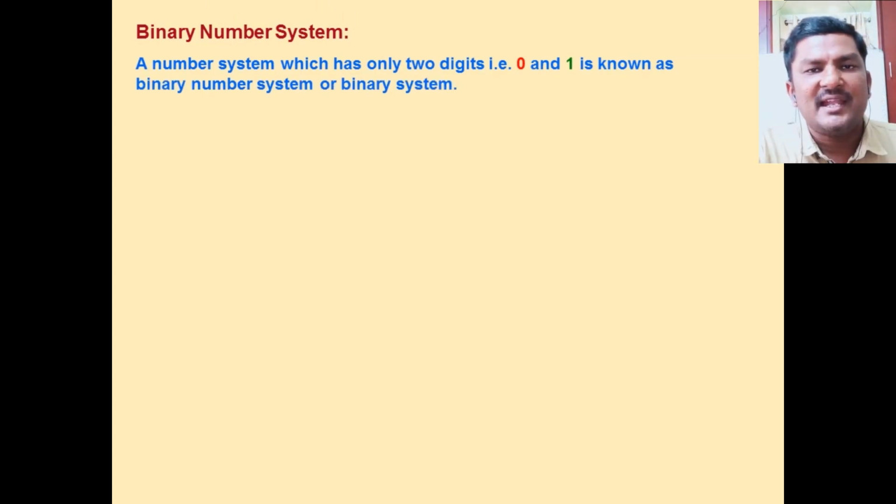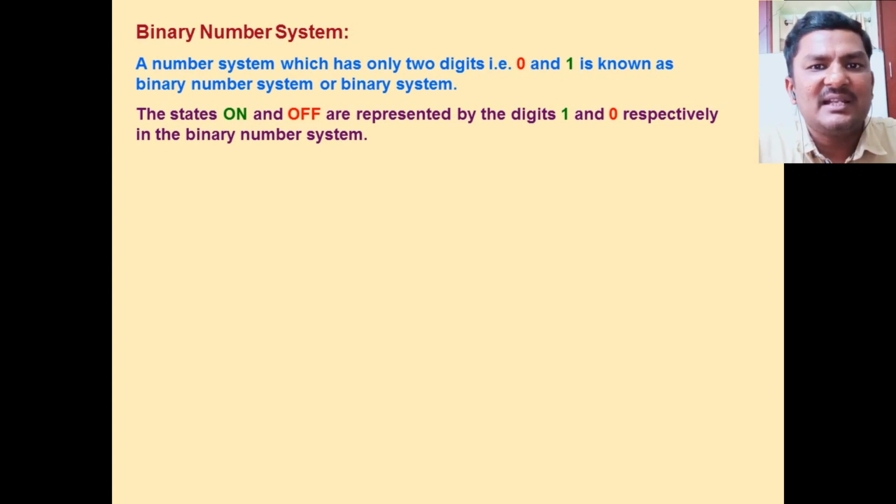In lower standard mathematics you have number systems: the Hindu-Arabic system, the Roman number system, and the decimal number system. In the decimal number system we have 10 digits: 0, 1, 2, 3, 4, 5, 6, 7, 8, 9.